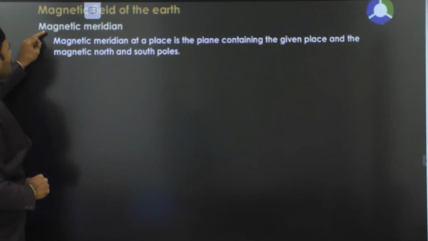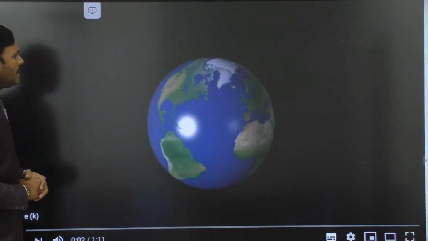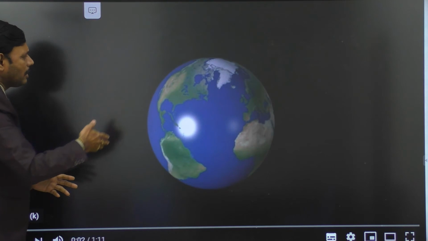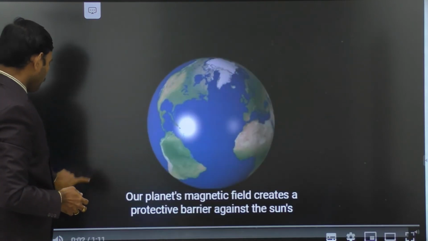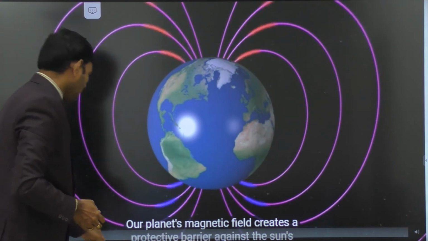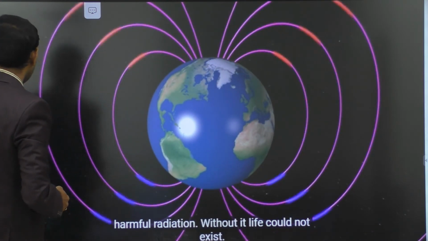So here the magnetic meridian is the line passing through them. Students, wait a while, I will show the origin of Earth magnetism.